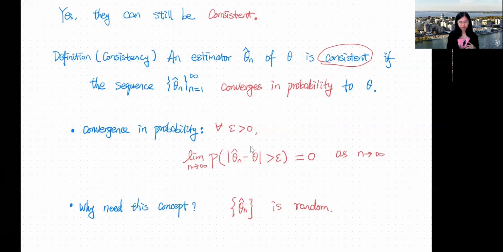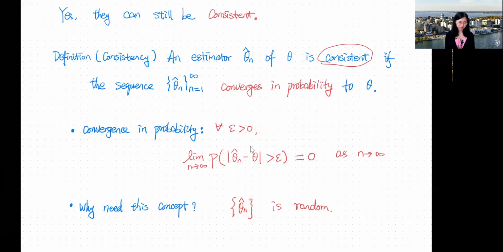And usually, it is not possible to guarantee that in all states of the world, theta n hat will converge in the calculus sense to the true value theta.